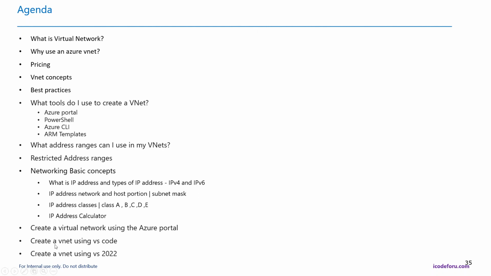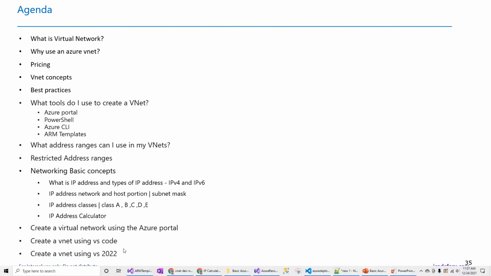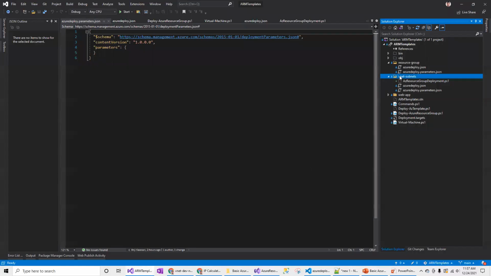Now let me focus on creating the same virtual network using Visual Studio Code. So I will be taking one by one in each video, and the final goal is to make sure that all these resources are properly kept in the Azure RM template in organized folders, and automate these through Azure DevOps.